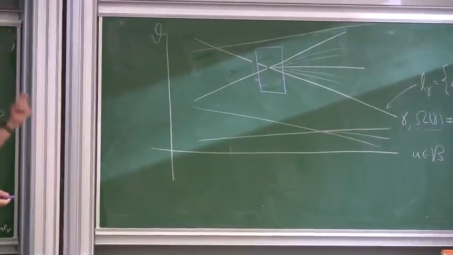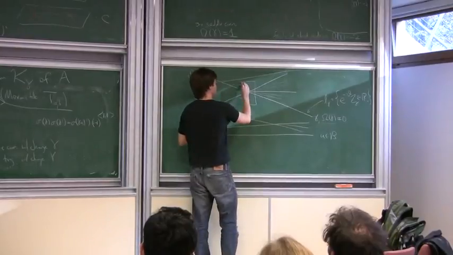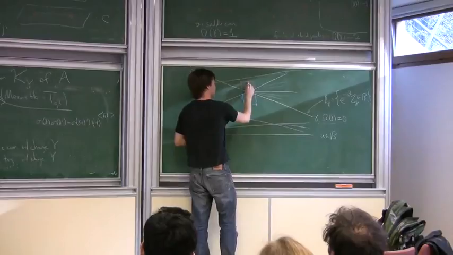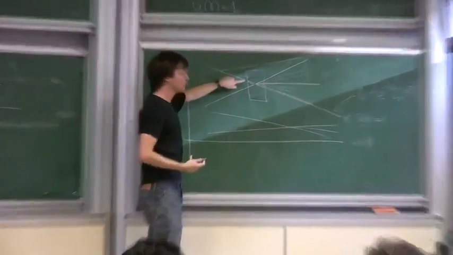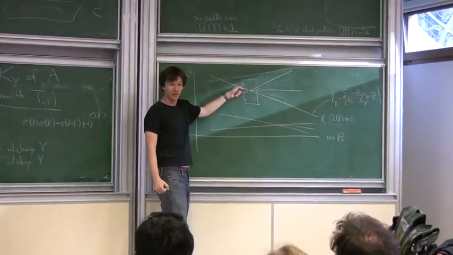What the Kontsevich-Soibelman formula says is that as you travel along this loop, say from this point to this point, you do the following thing. You take a product of these automorphisms. As I go along this trajectory, every time I meet one of these walls, I take the corresponding automorphism.